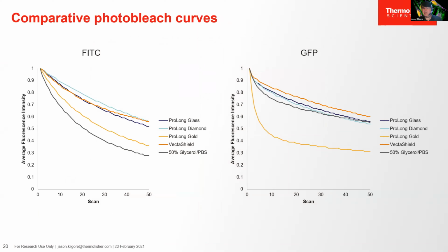Prolong Glass was better initially, but by the time you get to your 50th scan, you're losing a lot of your signal. It's not super impressive there under those conditions, I agree.